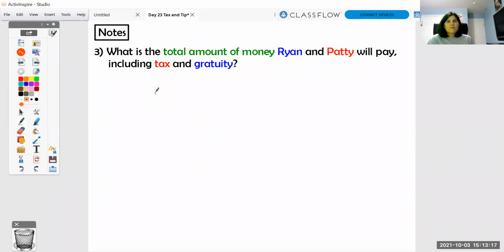So the way we figure that out is just by adding up the total, right? We have 21.15 plus our tax, which was $1.27, plus our gratuity or tip, which was $4.23. And again, we're using our calculators to do the calculations. If you are good with the decimals and you know to line them up, you're more than welcome to do it by hand.